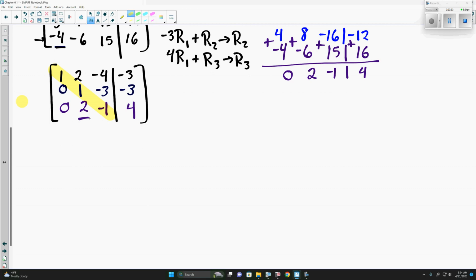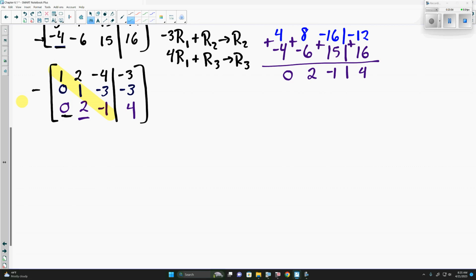Well, to get it to be 0, we're not going to use row 1 anymore for this. Because if I use row 1 in any way, we're going to be adding or subtracting a 1, or a number times that 1, from this first spot. So I can't use it.